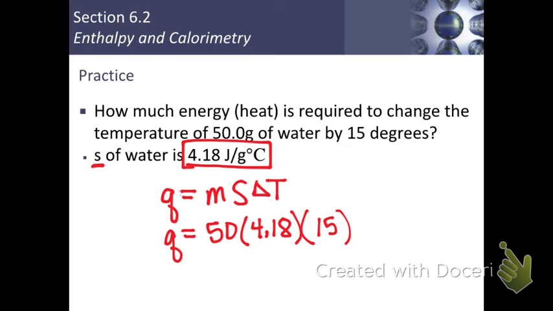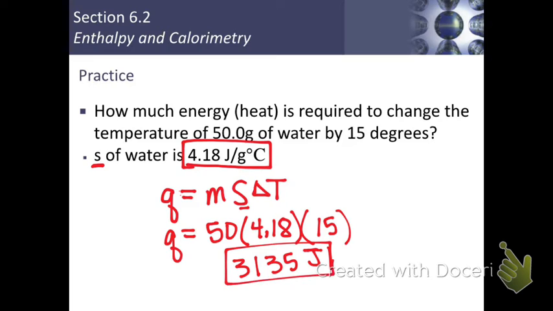Is S constant? Nope, it's different for each material. So sometimes it'll tell you the specific heat of this reaction or of this mixture is this, right? But it is material specific. So on this one, did we get about 3,135 joules?